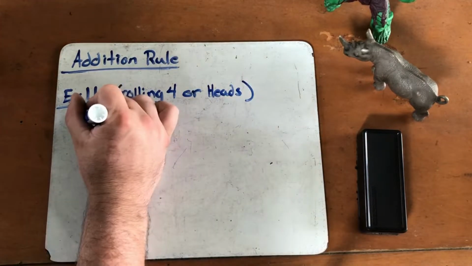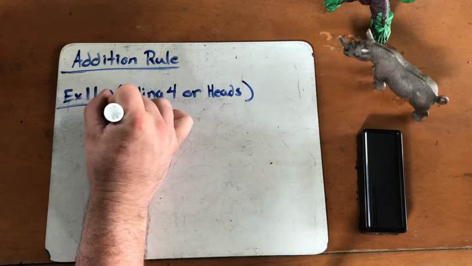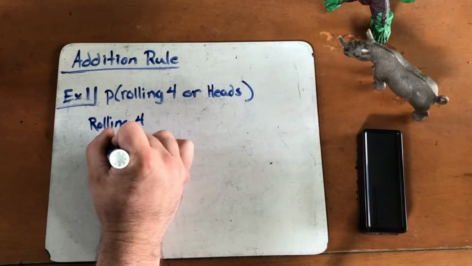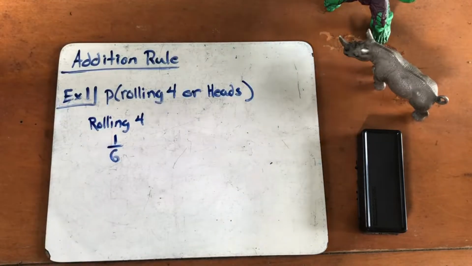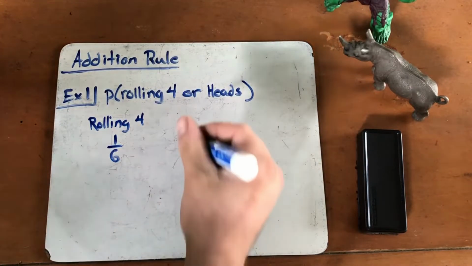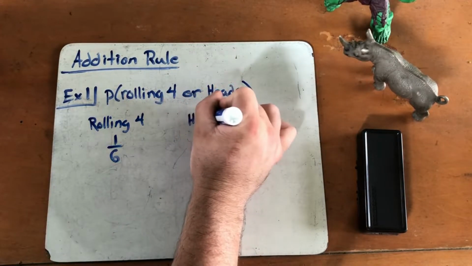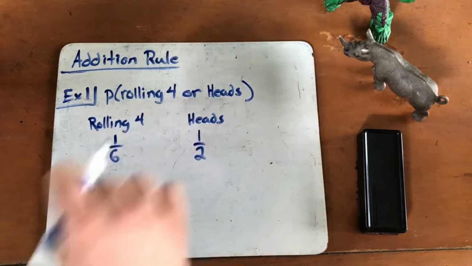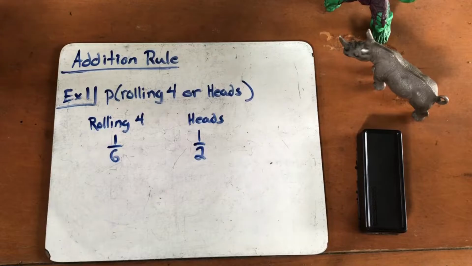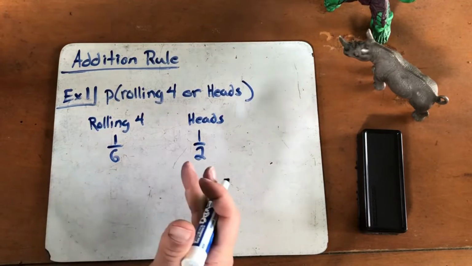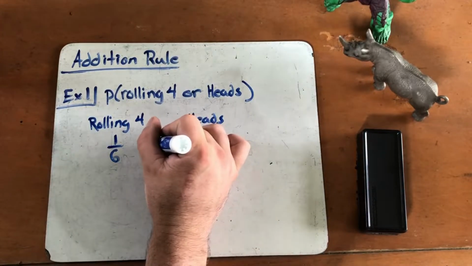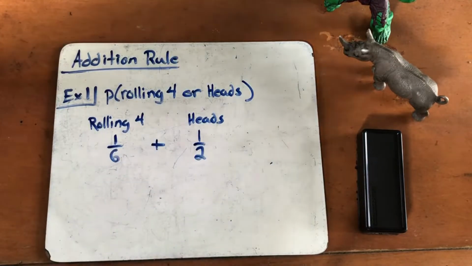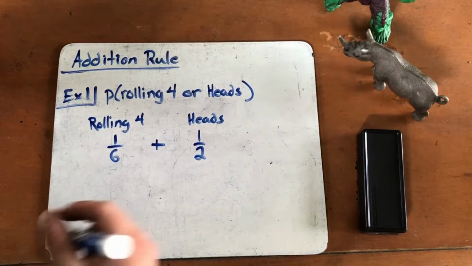So the probability of rolling a 4 is 1 out of 6. There's one 4 on a number cube, 6 total numbers. Flipping heads is 1/2. So if I'm rolling a 4 or flipping heads, it's one or the other, so I add them together. Now, these are fractions. In order to add fractions, I have to have common denominators.